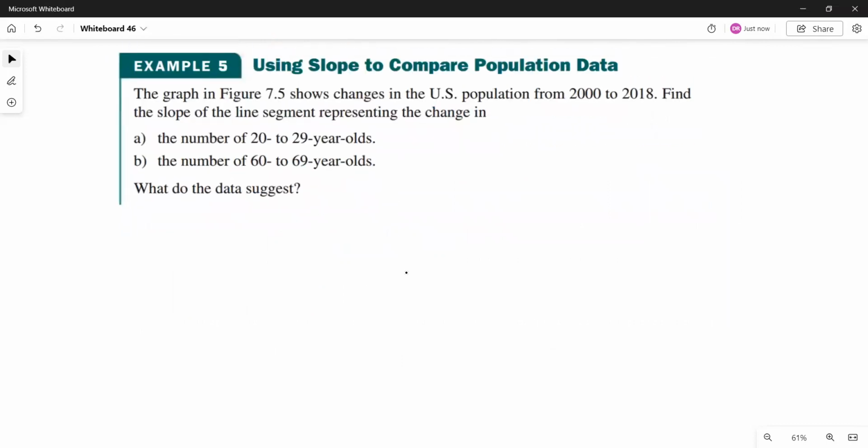That's page 312. Okay, so I'm trying to copy this graph. And there it is.